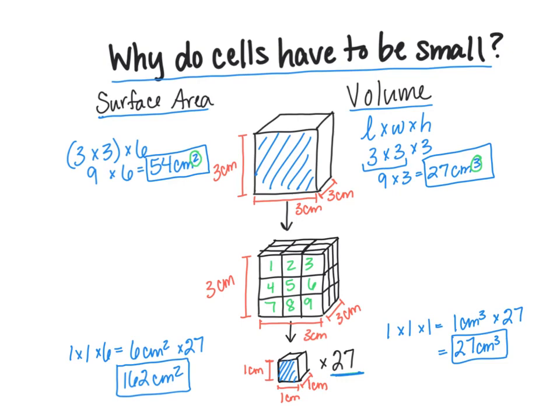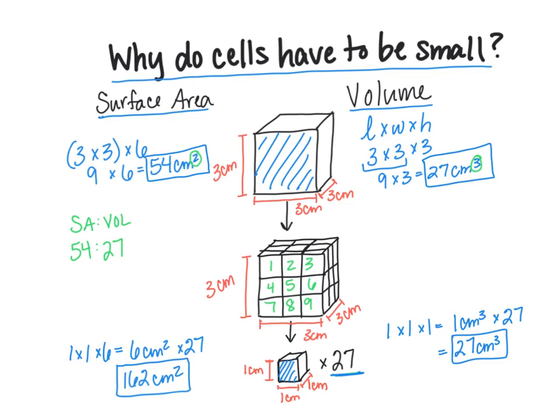of volume. So with the bigger box up here, we could look at something called the surface area to volume ratio. So we have a surface area of 54 centimeters squared, and that is relative to a volume of 27 centimeters cubed.